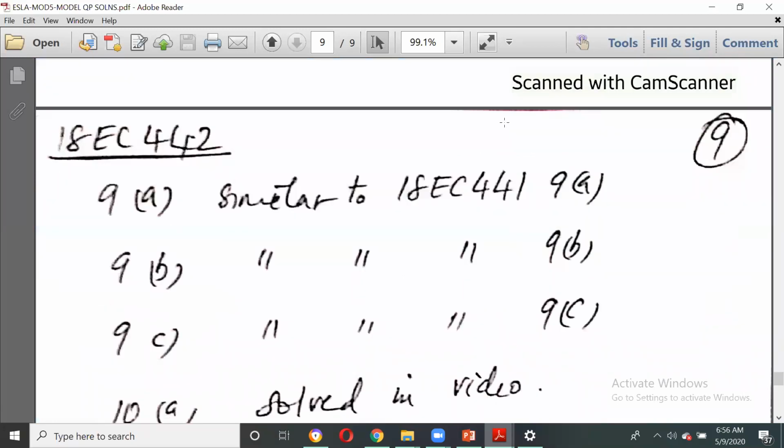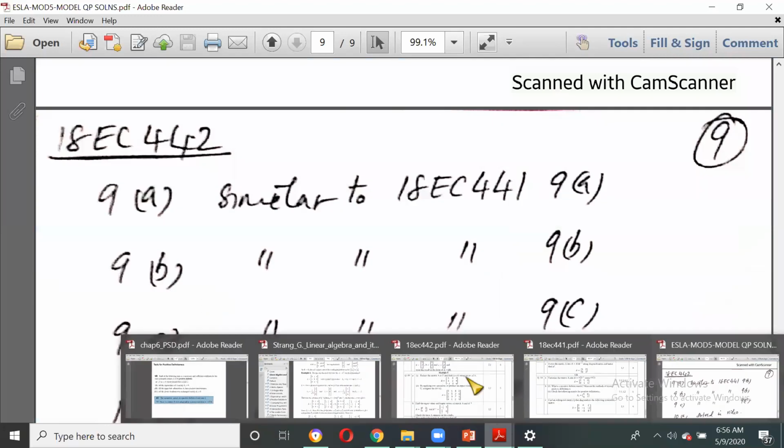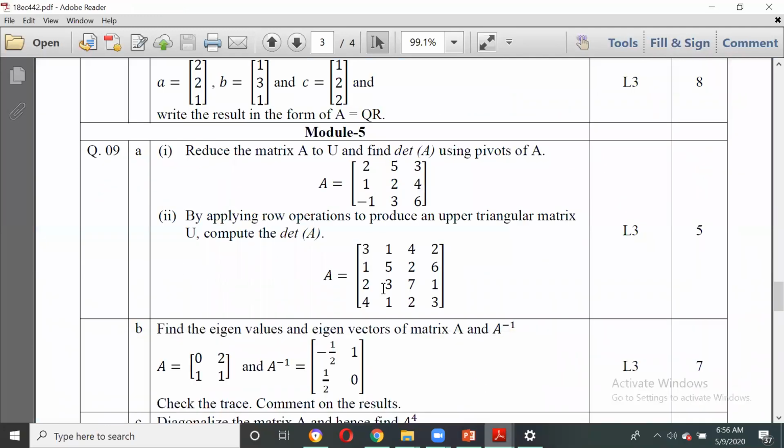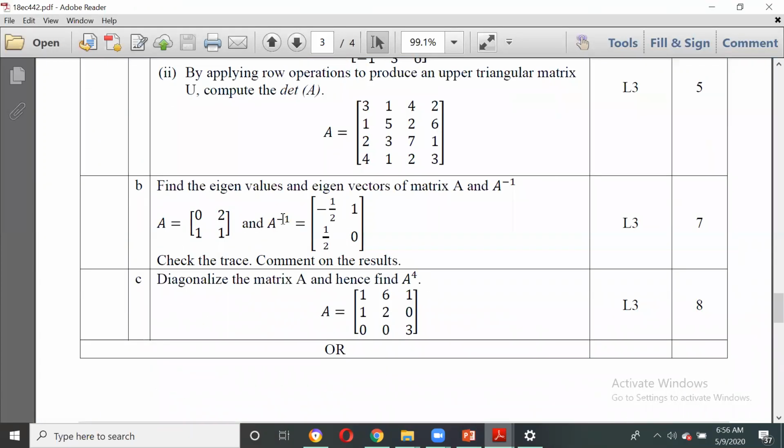Okay, then we go to the second paper, 442. If you see here, 9A1 and 9A2 are similar to 441, so we are not going to do that. Again, 9B is eigenvalues and eigenvectors for A and A inverse, so there is nothing to do there.